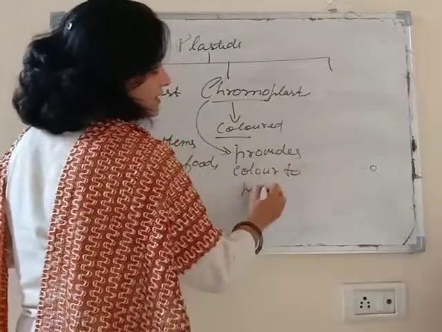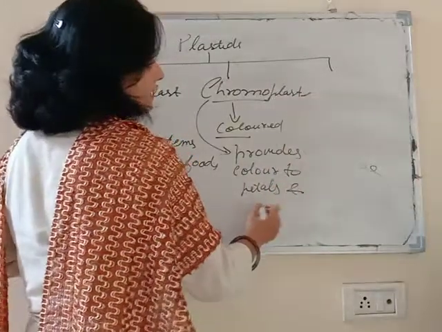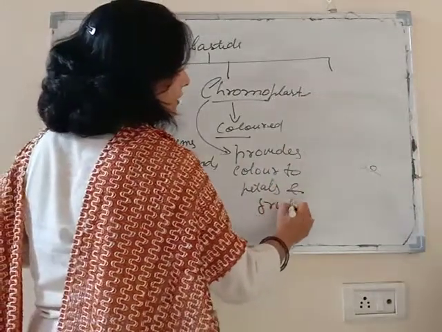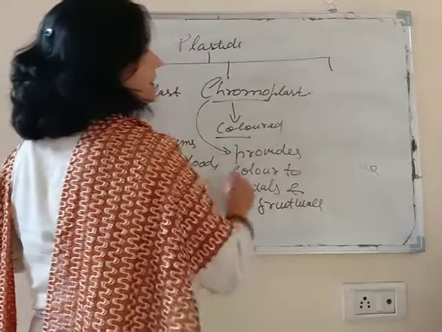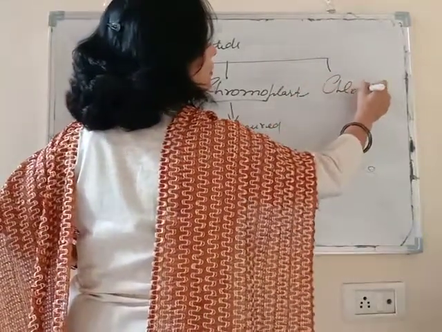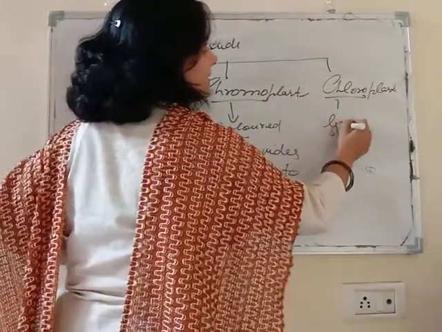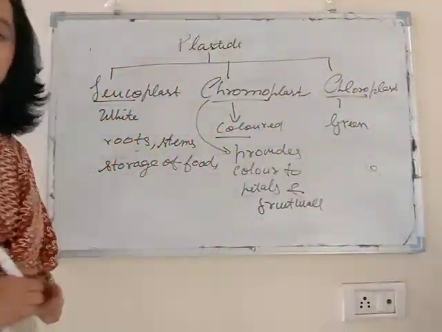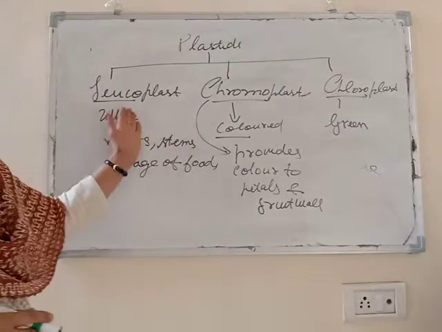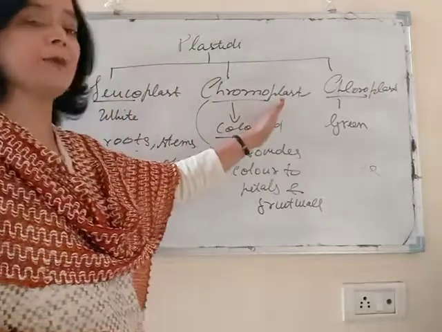Petals are the colored part of the flower; we have studied this in lower classes. So, petals and fruit wall. Then there is a third type of plastid which is called chloroplast. Chloro means green. So green colored plastids are called chloroplast. In some books you will find that they have categorized plastids into two types, leucoplast and chromoplast.